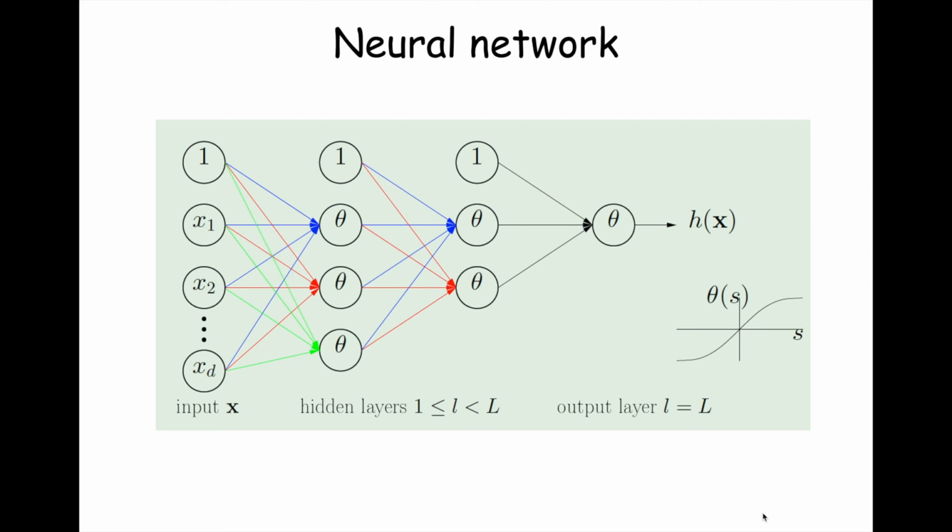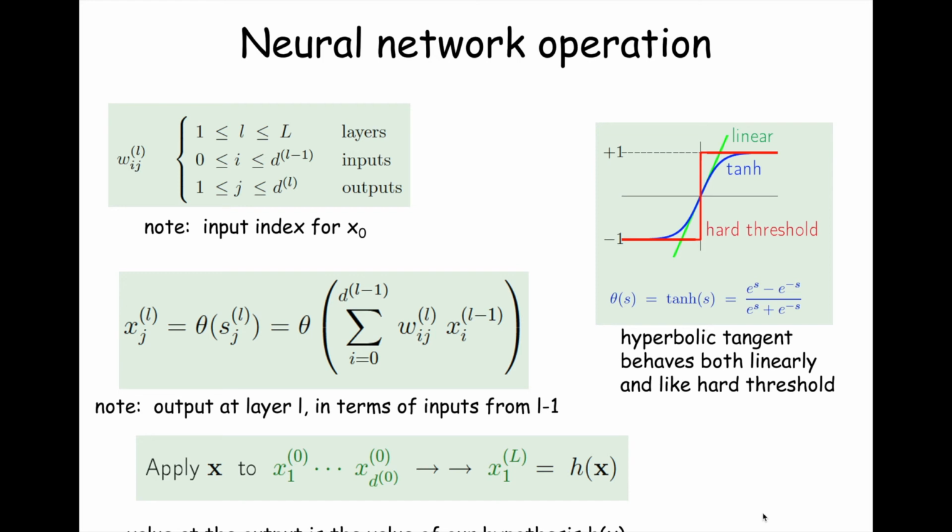We have nodes 0, 1, 2, and 3 for the layer before, that's L minus 1, or the first layer, and we're going to take the weighted sum of this node times that weight, this node times that weight, this node times that weight, this times that weight, etc. Now, these outputs from the nodes in the previous layer are going to be our x sub i, superscript L minus 1.